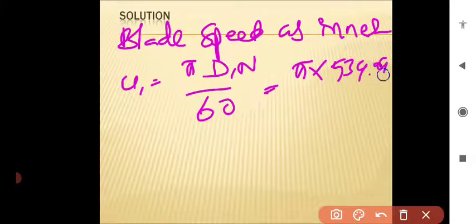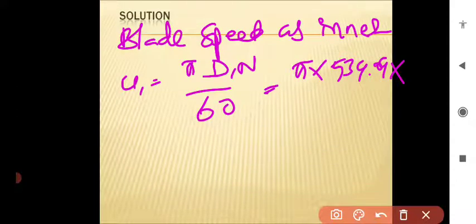Substitute all the values in this equation, so that is equal to pi into 539.09 into n, what is given, n is equal to 700 rpm.